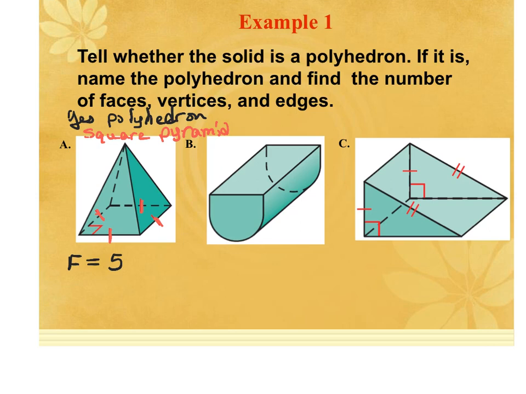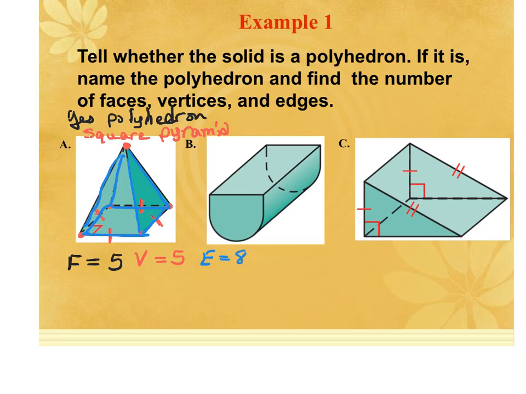Next, we're going to count the number of vertices. The vertices are where the 2 edges meet. I have 4 vertices on the bottom and 1 up the top. So I have 5 vertices. Next, we'll count the edges. Edges, here's 1, 2, 3, 4, 5, 6, 7, 8 edges.